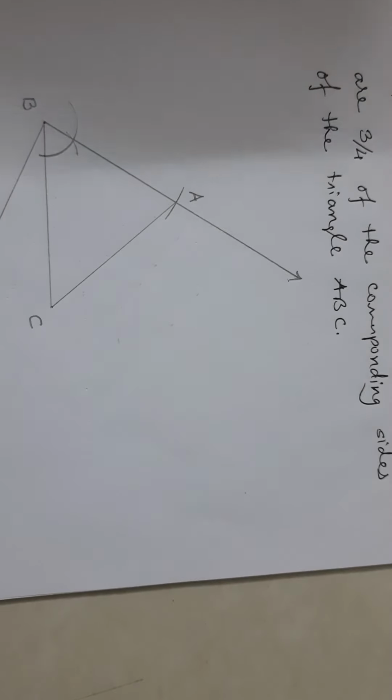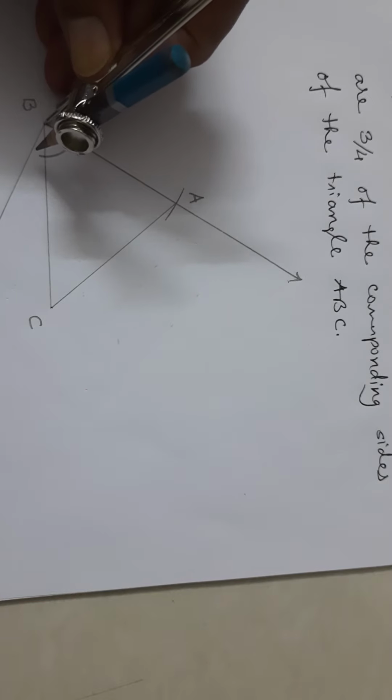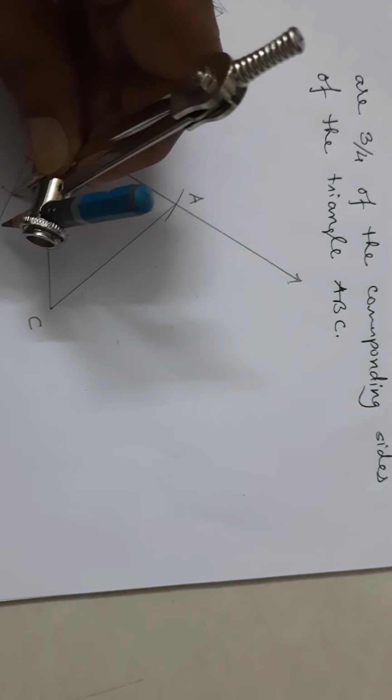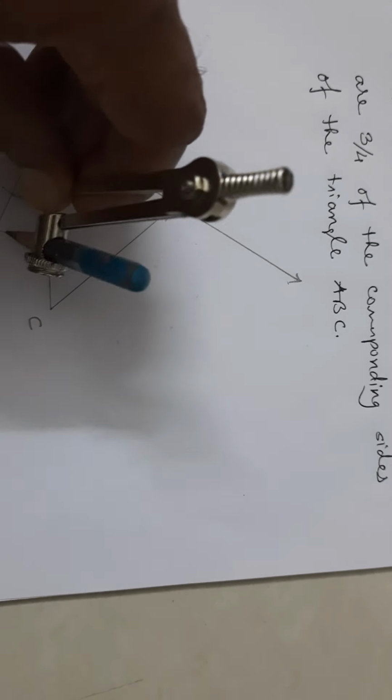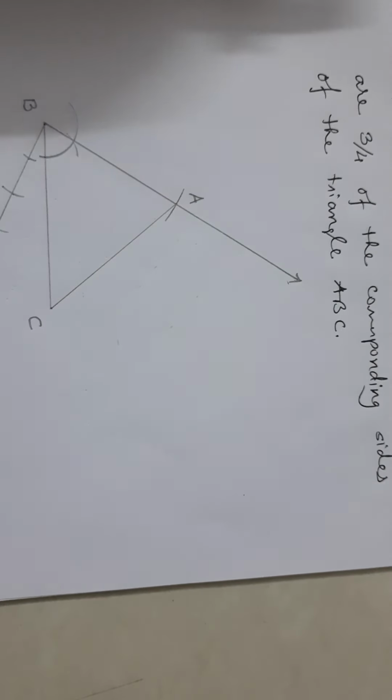So with compass we are marking 4 arcs here, B1, B2, B3, B4. So this is B1, B2, B3 and B4.